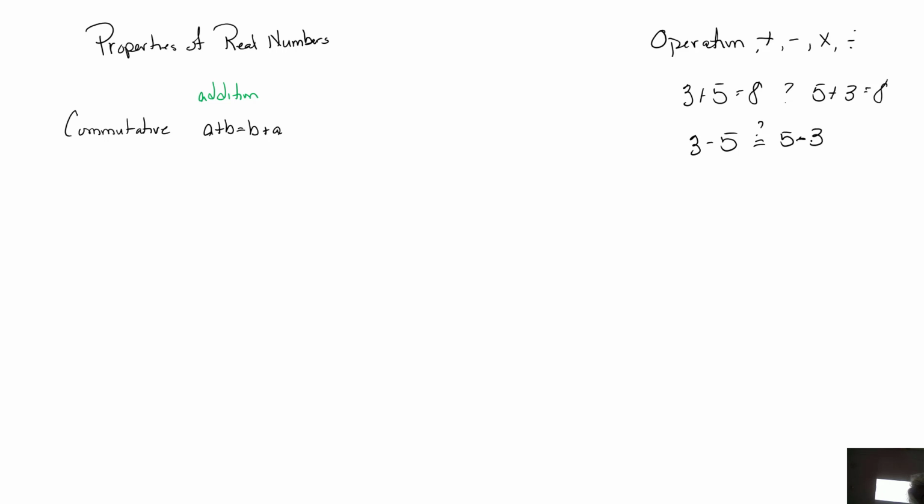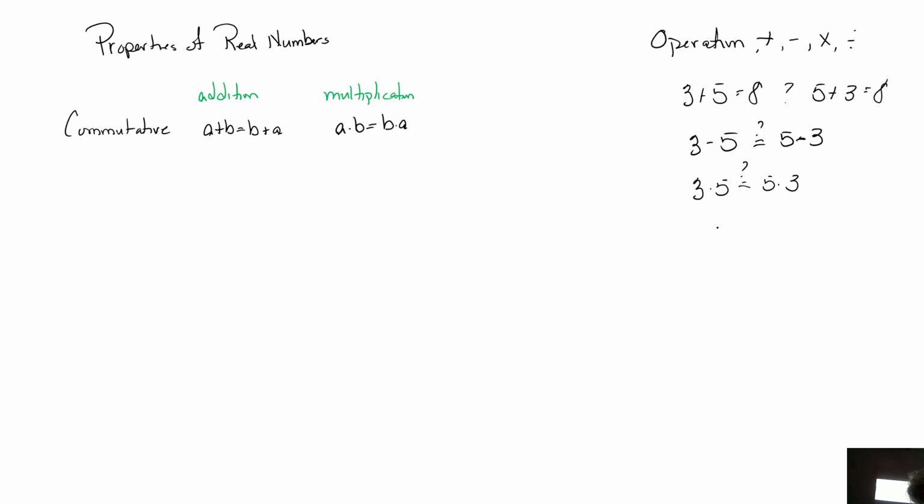Clearly the answer is no, so it doesn't work for subtraction. Does it work for multiplication? If I say 3 times 5, is that the same as 5 times 3? Clearly the answer there is yes, which means for the operation of multiplication, the commutative property works. And I can say multiply the numbers in this order and reverse it over here, and I get the exact same answer.